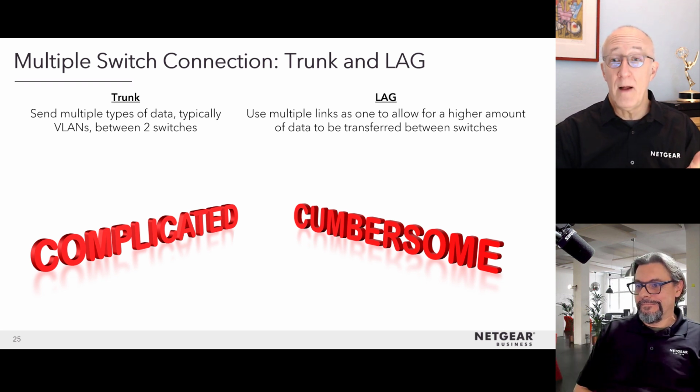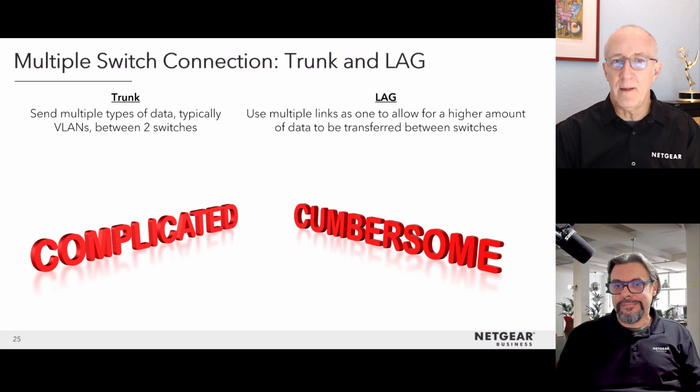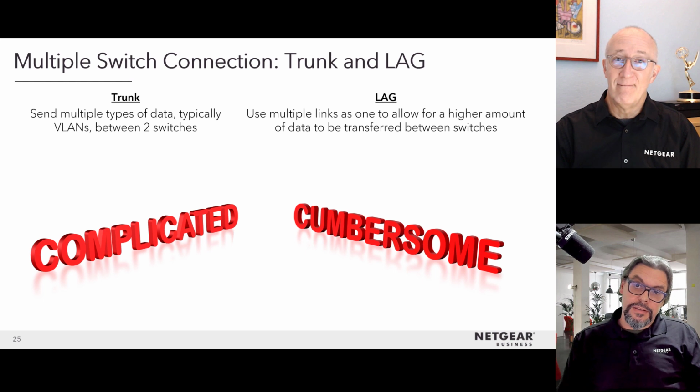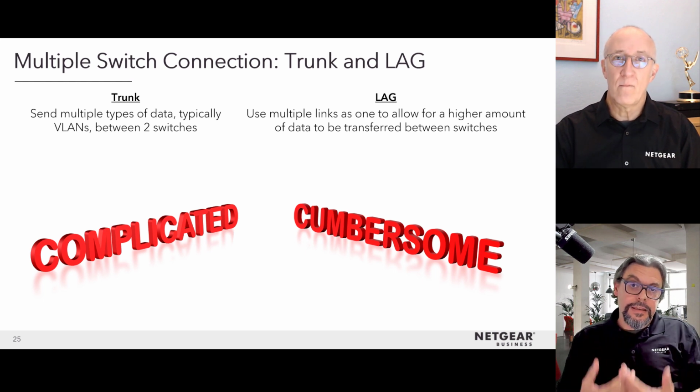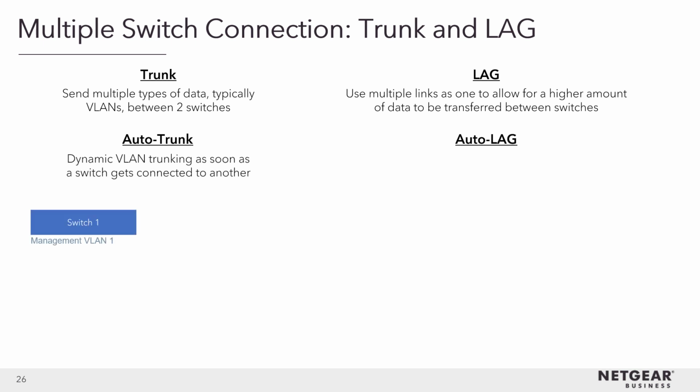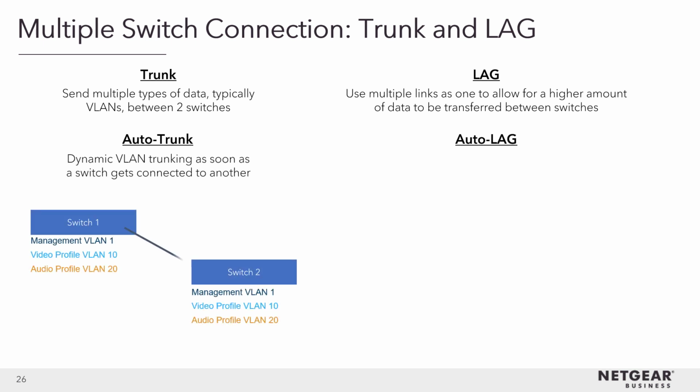So we did something about that. You specifically did something about that. Yep, because we said now let's get rid of it. Frankly, let's get rid of it. So we added some intelligence and automation to the M-series AV line switches at NETGEAR.